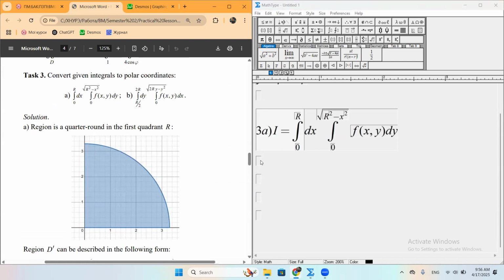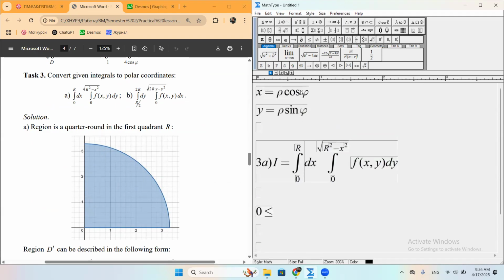So now we can understand the region of integration. From this plot, we already see that phi changes from 0 to pi over 2.